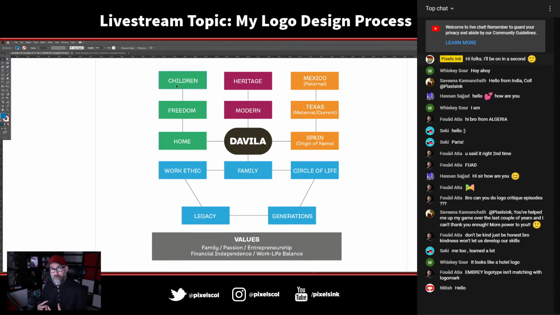He wanted to build something for them. Not just the business aspect, but also this symbol, this logo would become the Davila family mark, and something that he could gift to future generations.